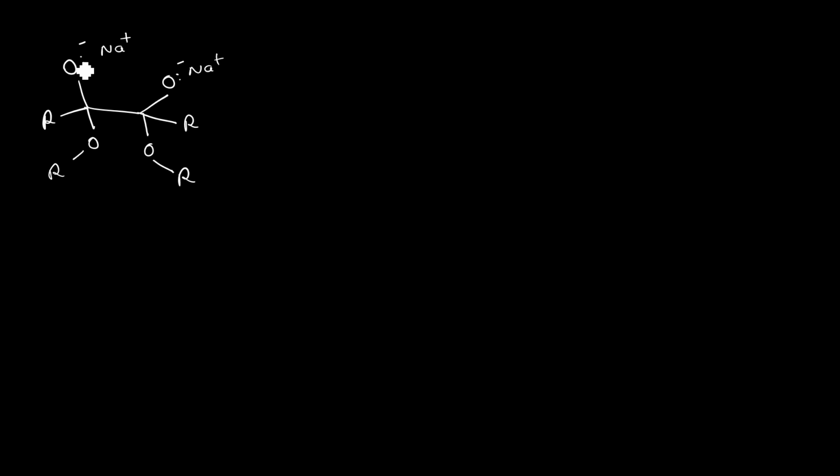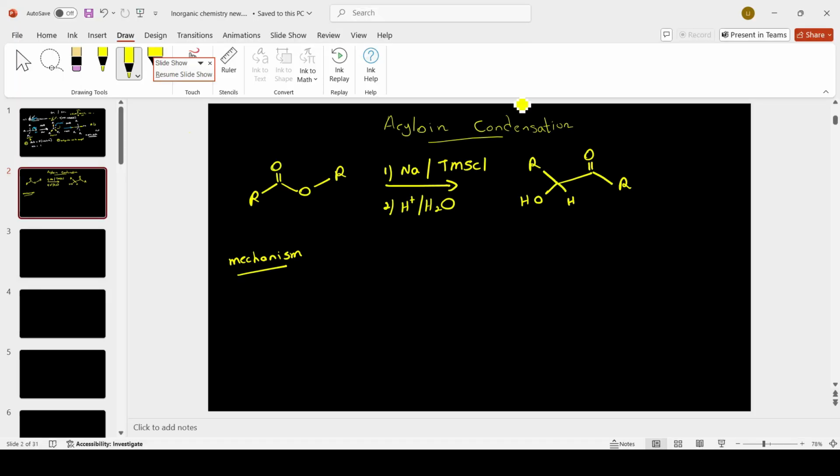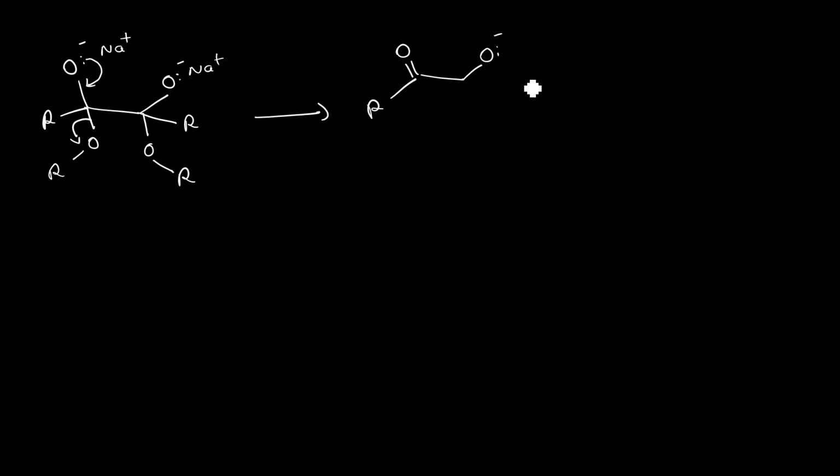Now you can see there's a lone pair here. This lone pair will come back to form the pi bond. When the pi bond is forming, you will see this carbon is getting destabilized, so it has to leave one of its bonds. So this bond will be removed on its own. So we will have a product like this, and we have R and we have O. And again, the same thing can happen over here too.